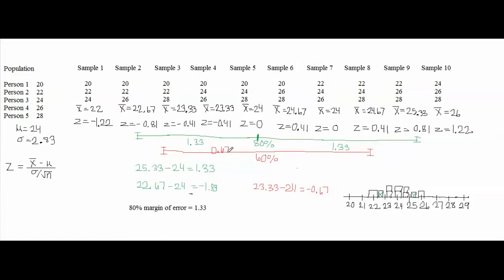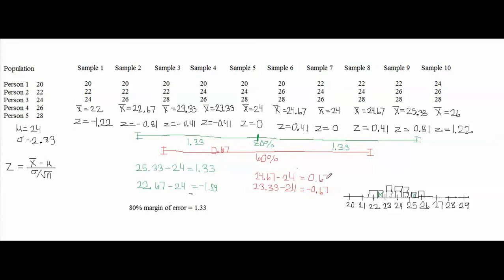And if we wanted to find the distance from sample 8, which is at the upper boundary of the middle 60%, to the population mean of 24, we could subtract the population mean of 24 from the sample mean at this boundary, which is 24.67. And we would get 0.67, which is the same distance.